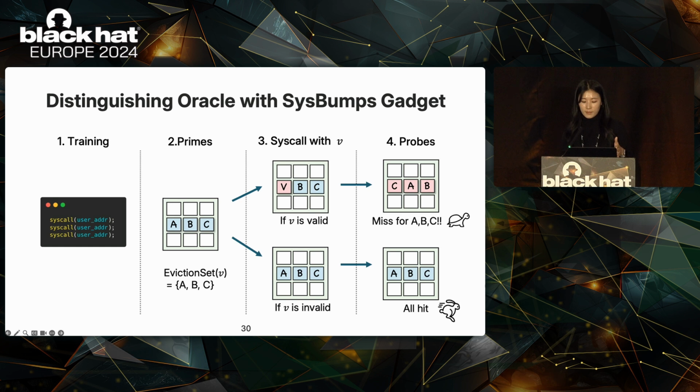If the access is slow, it means the target address was loaded into the TLB, evicting an entry from the eviction set. This indicates that the target address is valid. On the other hand, if the access is fast, it means the target address was not loaded into the TLB, and the entire eviction set remained in the TLB. This shows that the target address is invalid.